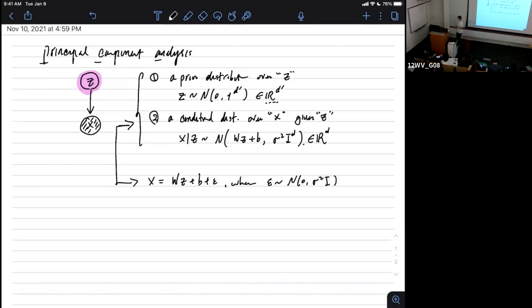So it's like somebody gave me Z, that is the content of X, this observation, and the content is transformed using W and B. But because this data generating process is not perfect, there is always a bit of noise that is added. That's the part that we cannot resolve based on our knowledge of the data generating process itself.